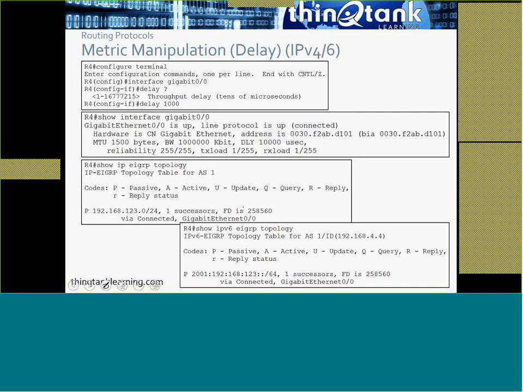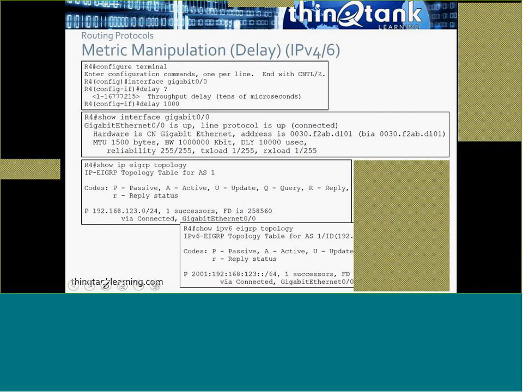Now he says here he changed the bandwidth of his gig interface. He changed the bandwidth to 1,000. And he does a show interface on gig 0/0, and it's still 10,000.